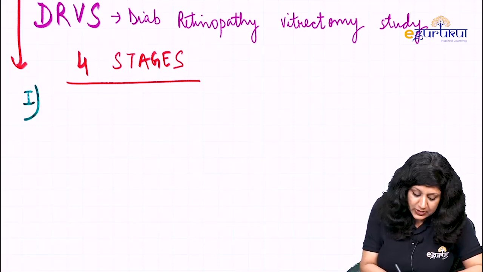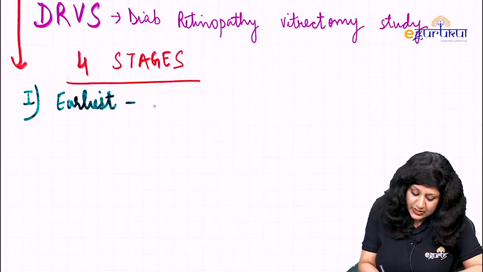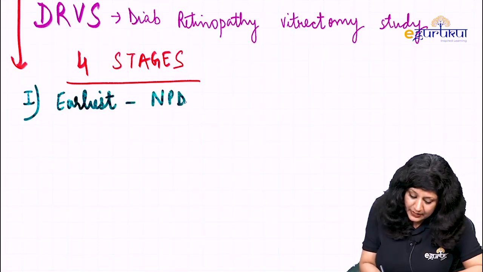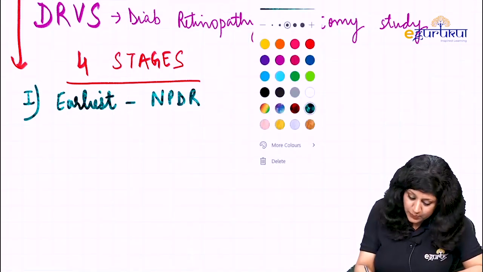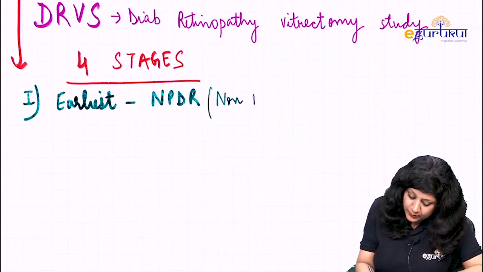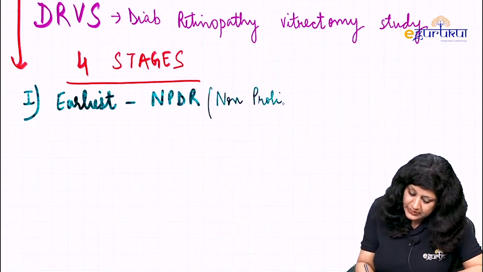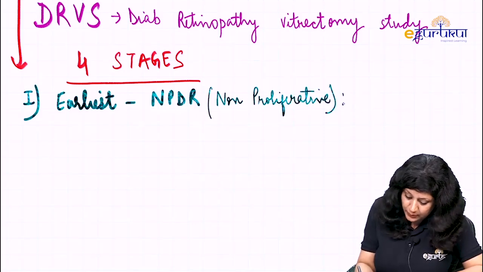The first stage is the earliest stage. This earliest stage is NPDR, which means that it is the non-proliferative stage of diabetic retinopathy.